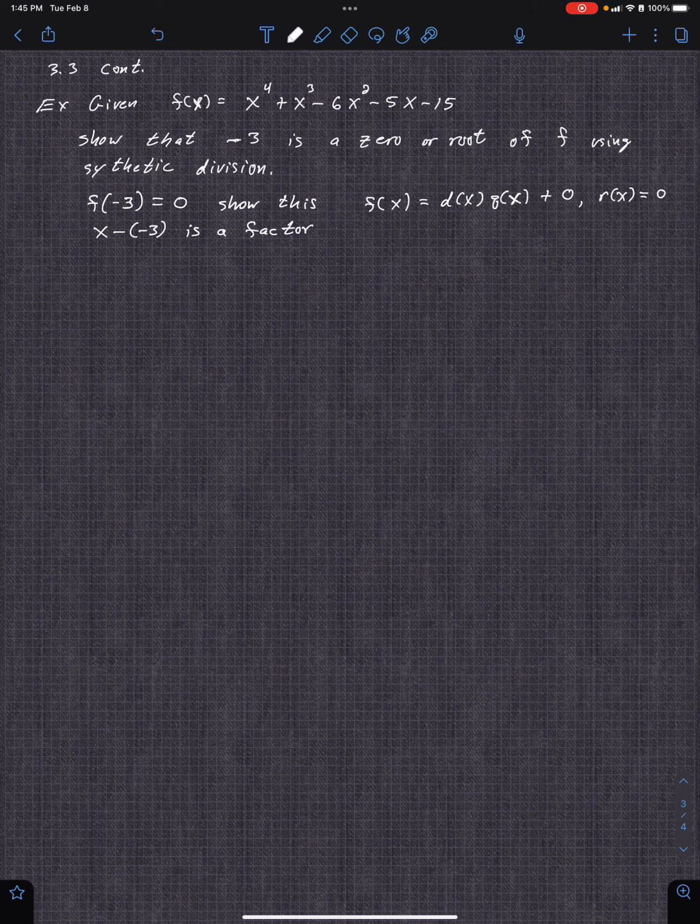Okay, so let's do it. So synthetic division, this is your c. So c is your negative 3. You put negative 3, and then you divide into it, writing down the coefficients, 4, 3, 2, 1, constant, so no terms are missing.